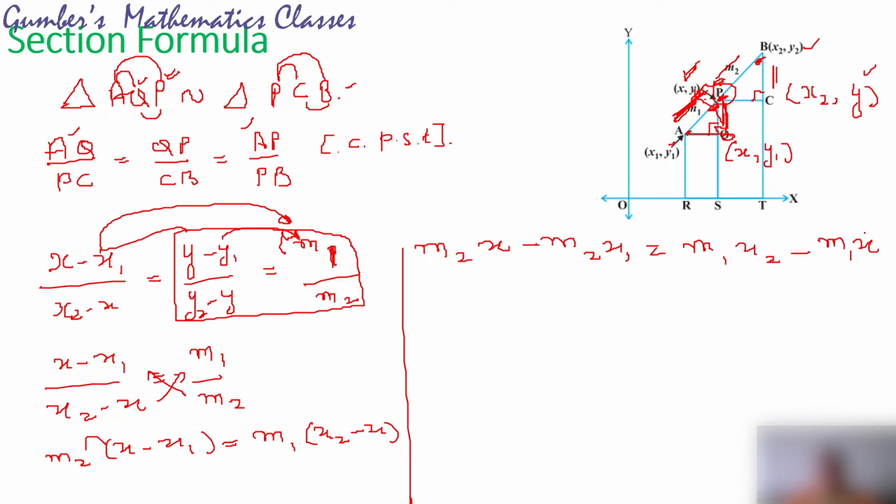Now we will separate out the terms which contain x. These are the terms which contain x. So here x common, (m2 plus m1). When m1 comes here, it becomes positive.